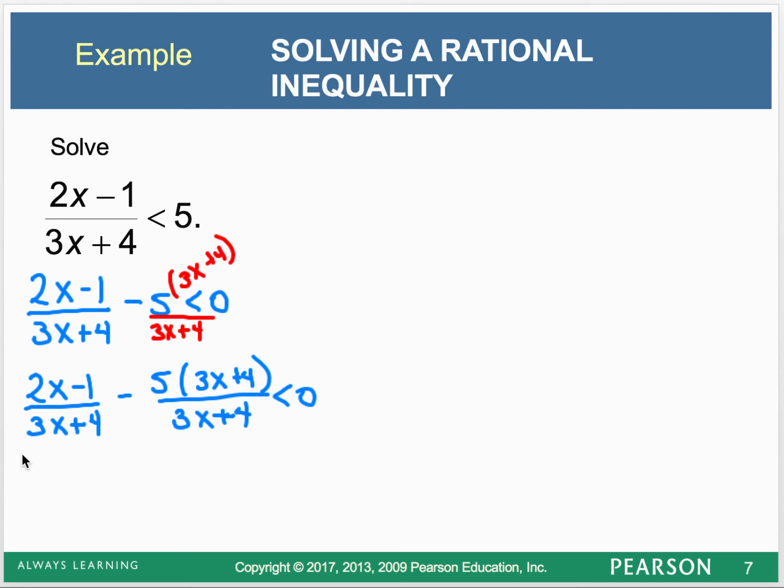All right, let's distribute this now. I've got one denominator that's the same, so I can put it all over the same denominator. Let's see what my numerator is. Just combine the numerators. So we have minus 5 times 3x, minus 15x, minus 5 times positive 4, minus 20, less than 0.